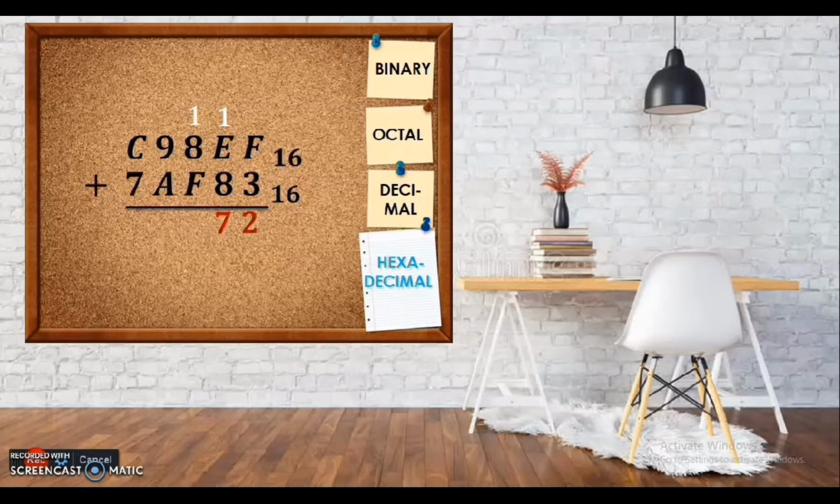1 plus 8 plus F is equals to 24 since F is equal to 15. 24 minus 16 is 8 carry 1. 1 plus 9 plus A is equals to 20, and then 20 minus 16 is equals to 4, carry 1. 1 plus C plus 7 is equals to 20. 20 minus 16 is equals to 4, carry 1.